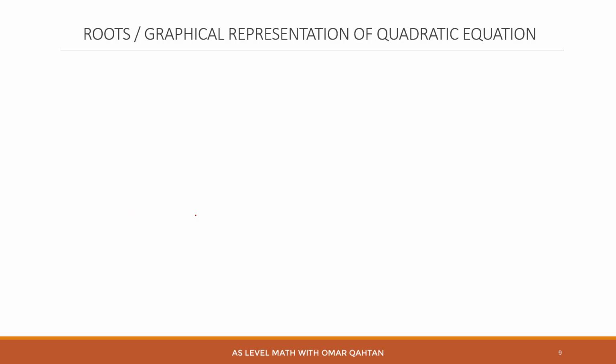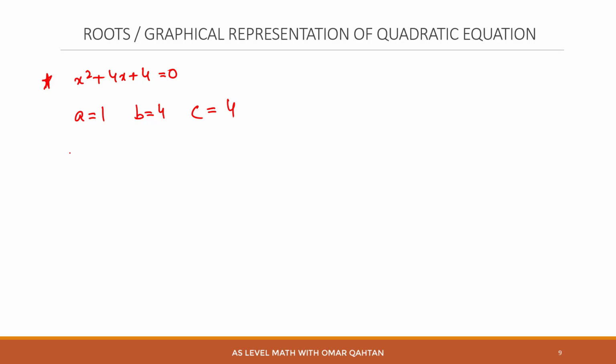Let's take some equations to further solidify our concept. How do we actually check whether an equation is giving us equal real roots or distinct real roots or whatever type of root we are getting? Let's see. We have the equation x squared plus 4x plus 4. In this equation, a equals 1, b equals 4, and c equals 4.